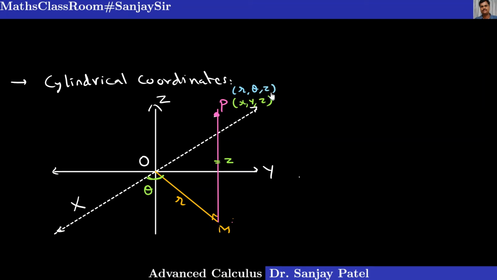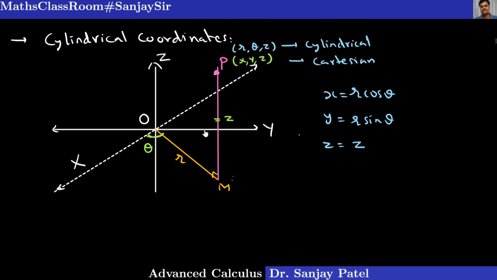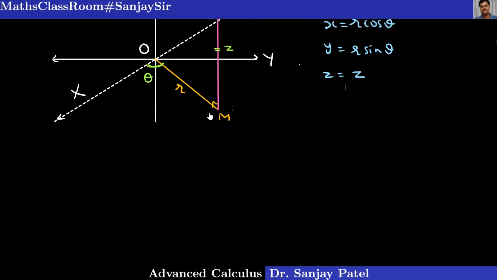And you know the relation between x, y, z and r, theta, z: x is equal to r cos theta, y is equal to r sin theta, and z is equal to z. I also want to explain the spherical coordinate system, and then we'll derive the transformation formulae of the triple integral to these two systems.